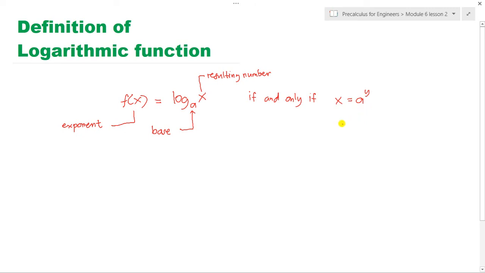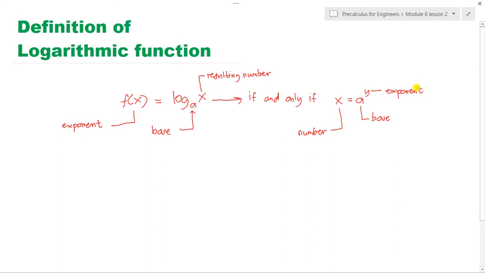We converted it so you can visualize why this is called the base, why this is the number, and why the dependent variable is the exponent. If you transform this into exponential form, you can see that x is the resulting number, a became the base, and y became the exponent.